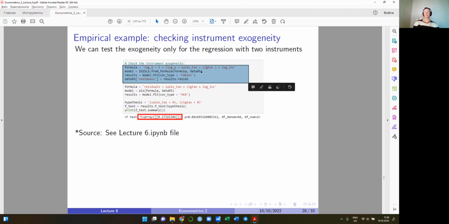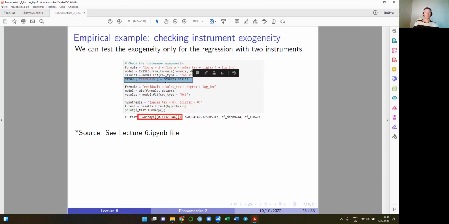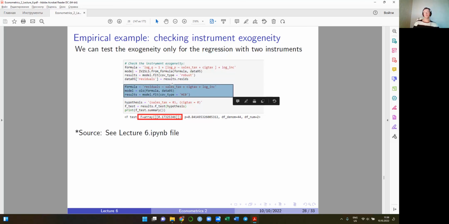You see that the first stage regression is nested inside the second stage. Then look what we do. We obtain residuals from this regression. It's here, so you know how to obtain residuals. And then we regress residuals on two instruments and the control variable log income.